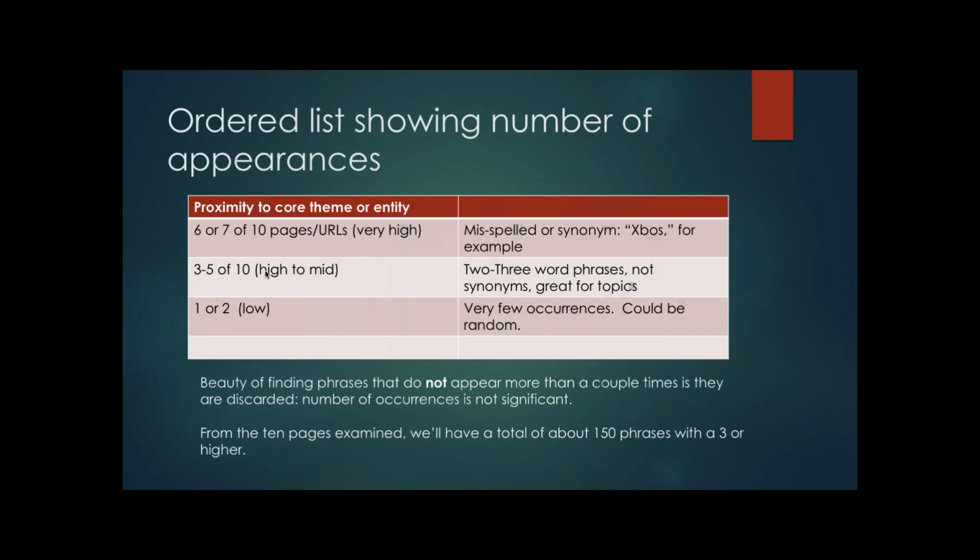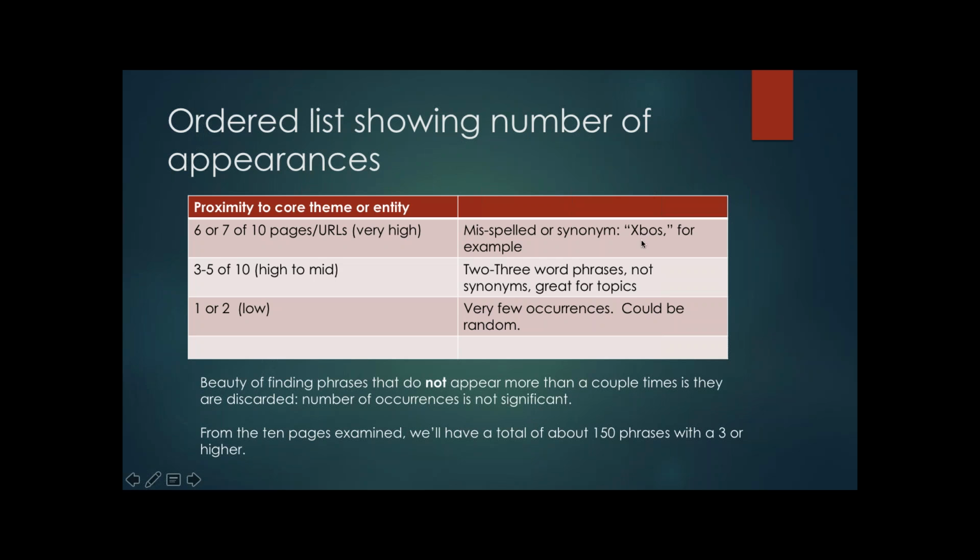And what we typically find is that out of 10 pages, something like 6 or 7 of 10 pages, up to all, something that appears 10 times, it's going to be misspelled or a synonym, like expos. This, by the way, is really fascinating stuff you can do with PPC, because you see the degree of confidence Google has that they're going to redirect this to an Xbox page.